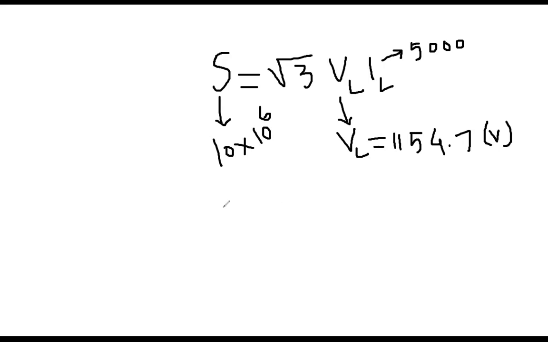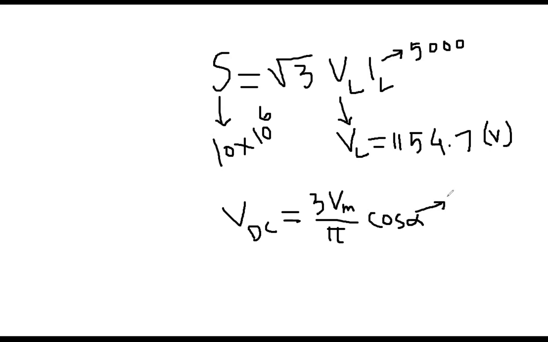Then you write that equation: VDC equals 3 Vm over pi, and then cosine of alpha, the basic equation. Because it says full conduction, your alpha is 0 degrees. But this Vm is this number multiplied by √2, because this VL is in RMS, but the Vm here is the peak.